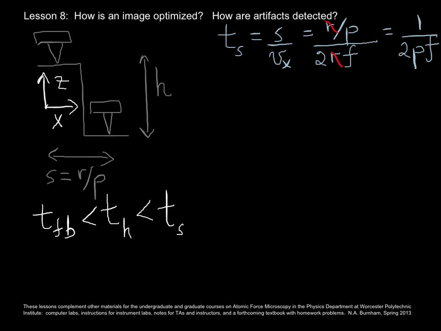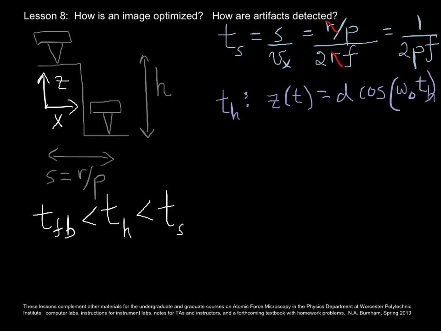For the time it takes the cantilever to move vertically over that cliff from top to bottom, you remember a few slides ago we had this equation, z of t is equal to d, the set point deflection, times the cosine of the quantity resonant frequency times the time. I'm going to add the h subscript here to that time.